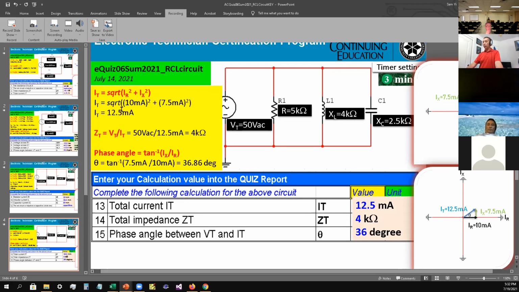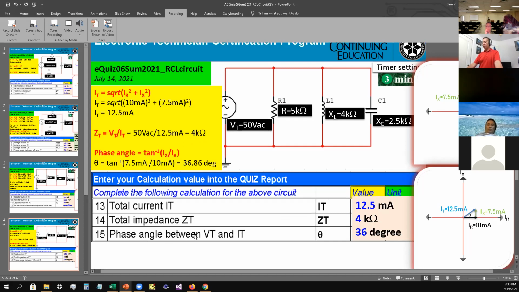So the square root of the quantity 10 milliamps squared plus 7.5 milliamps squared comes to 12.5 milliamps. So IT is 12.5 milliamps. Then ZT equals VT divided by IT, which is 50 volts AC divided by 12.5 milliamps, equals 4 kilo ohms. So 4 kilo ohms is the total impedance ZT for number 14.